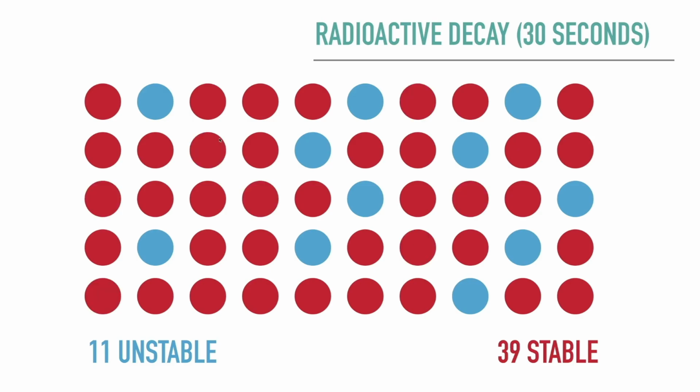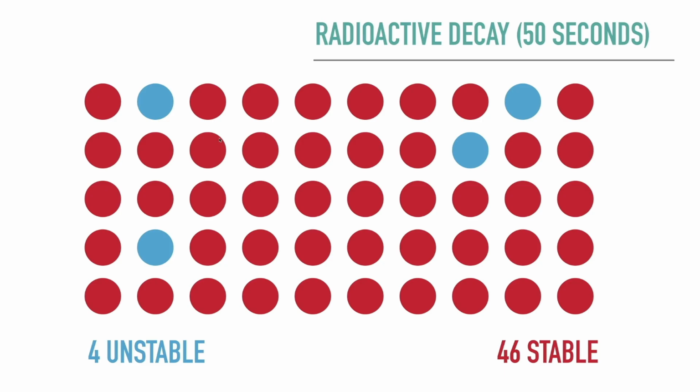At 30 seconds, we have 11 unstable. That means 39 have given off radiation. At 40 seconds, we have 6 unstable, so it's really decayed quickly. At 50 seconds, we have 4 unstable and we have 46 stable.